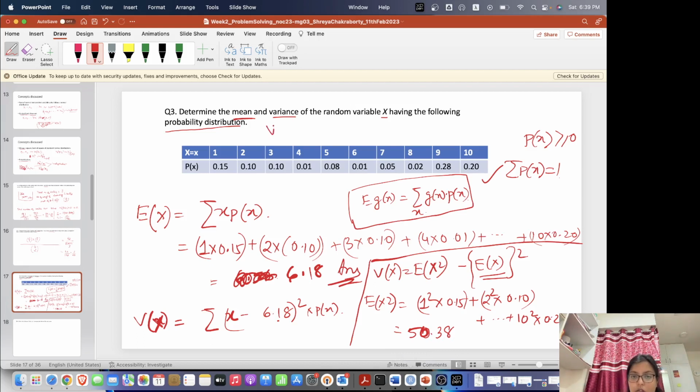Variance is nothing but this one, 50.38 minus 6.18 square, which is 12 point, what did you get? 12.18. Everybody got this answer?